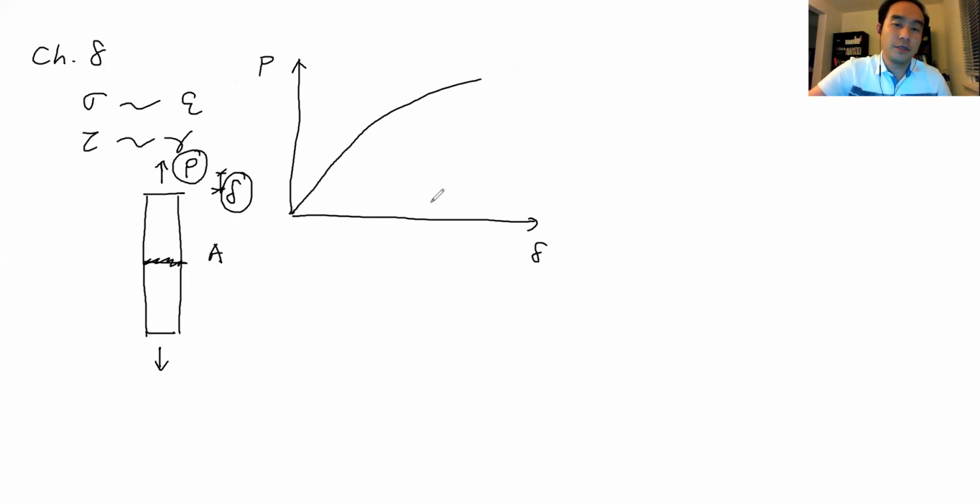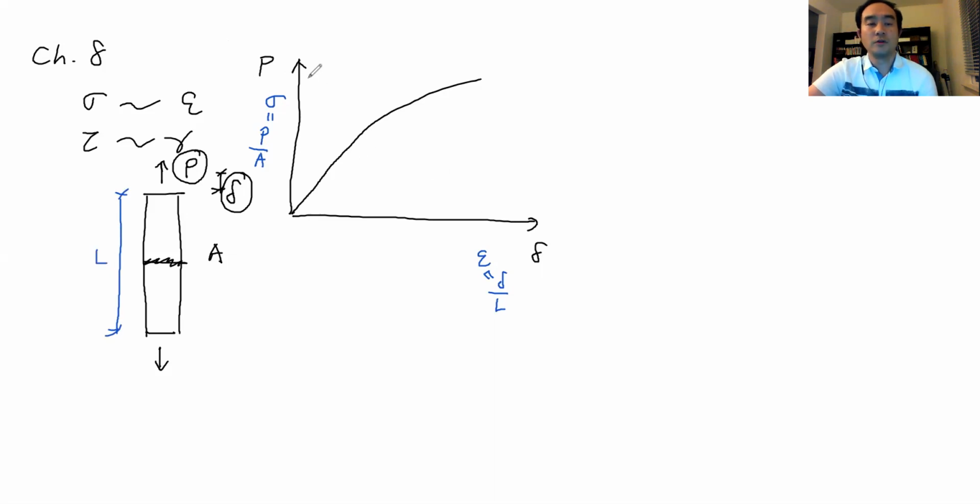When you have this P delta relationship, the actual force and corresponding elongation, we can now see the relationship between sigma and epsilon, because sigma is defined as P over A, where A is the cross-sectional area, while epsilon is delta over L, where L is the original length of the specimen.